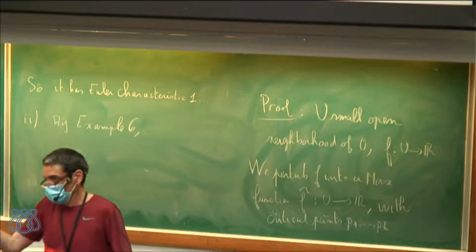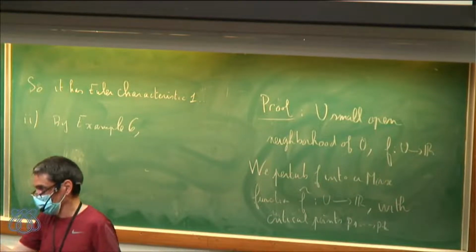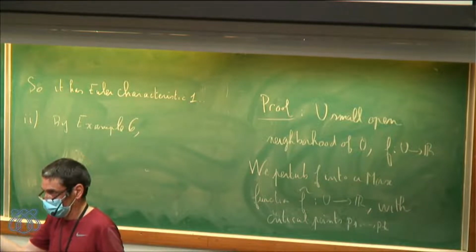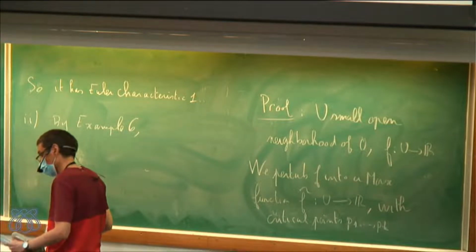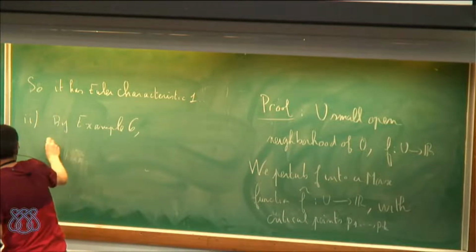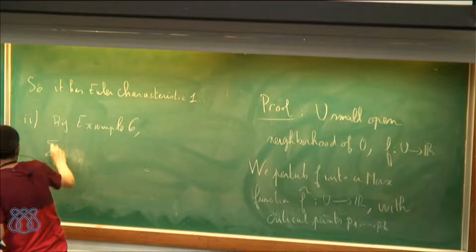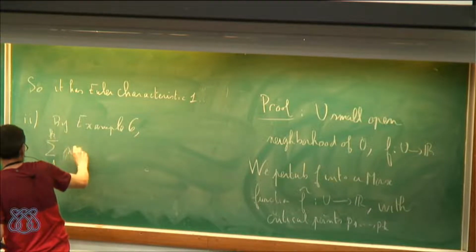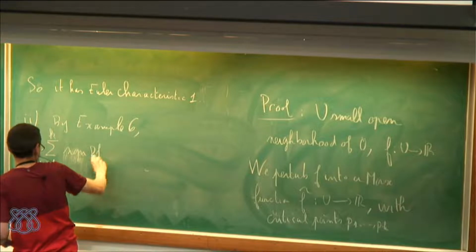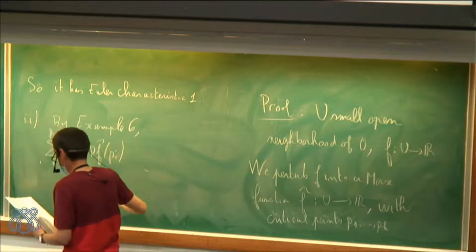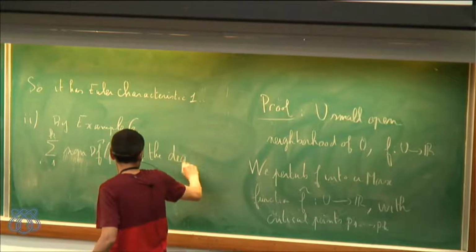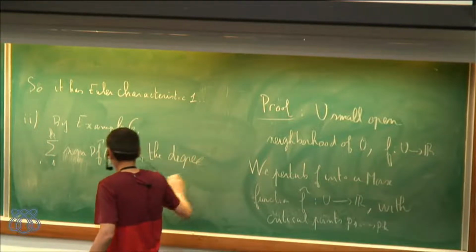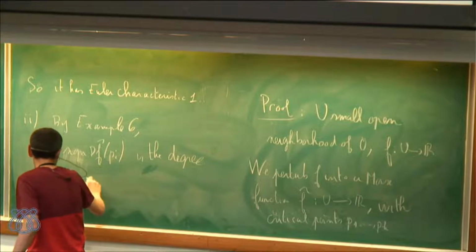But then, if I choose f tilde close to f, then the mappings are homotopic. So by example 6, this sum is a degree of this mapping, the normalized gradient of f tilde.